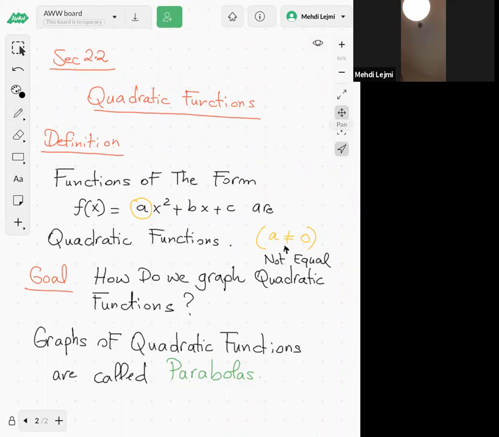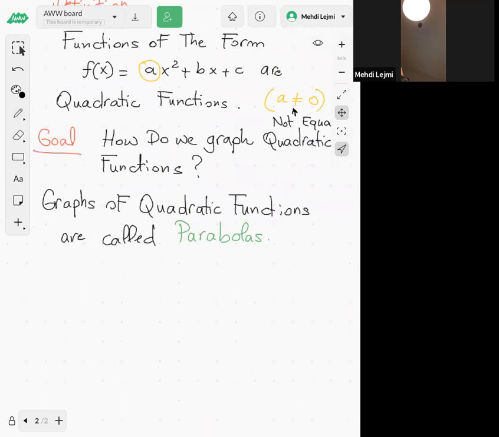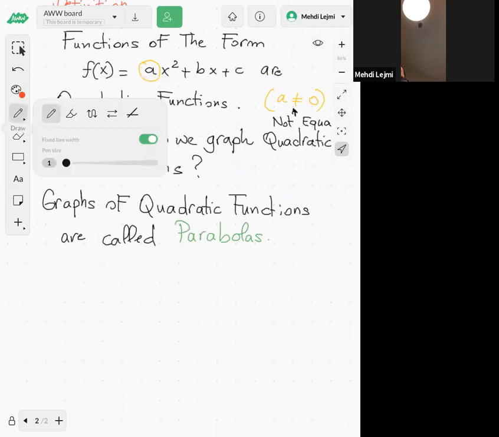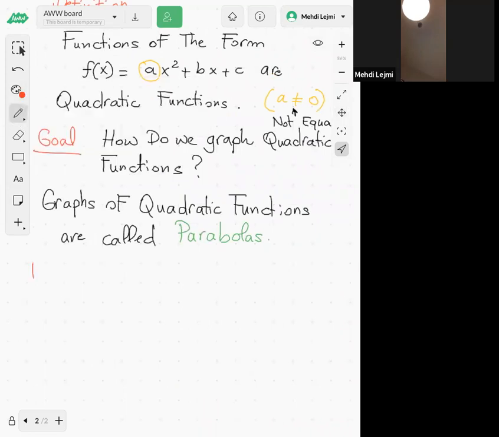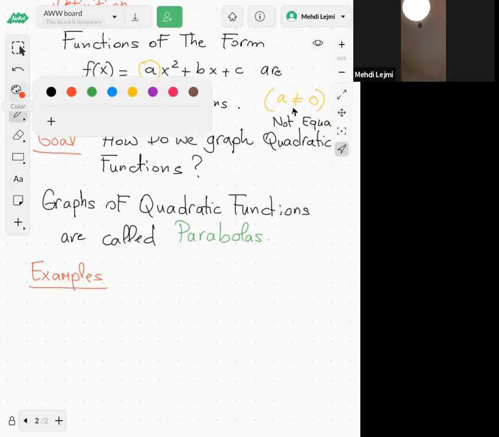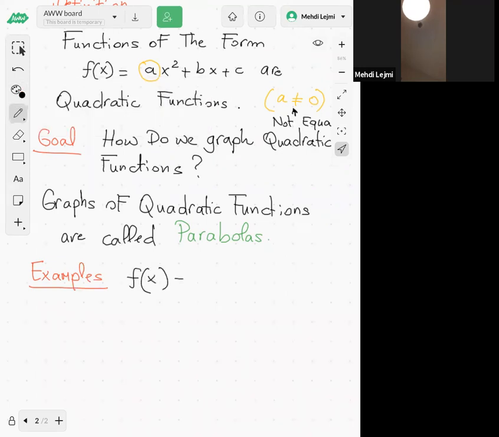Anyway, so let's take very simple examples of quadratic functions. I'm going to do the two most important examples. So first example, let's do f of x equal to x squared, or instead of x squared, let's say it's x squared plus 1.